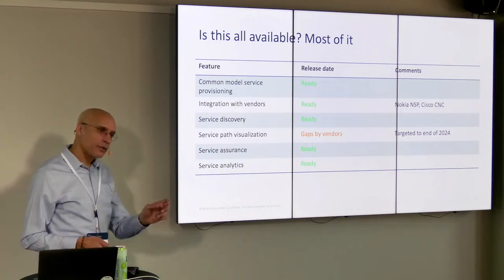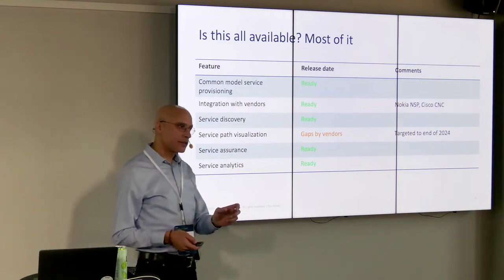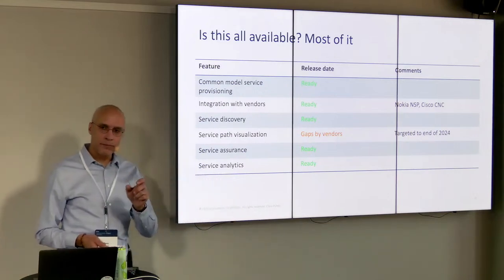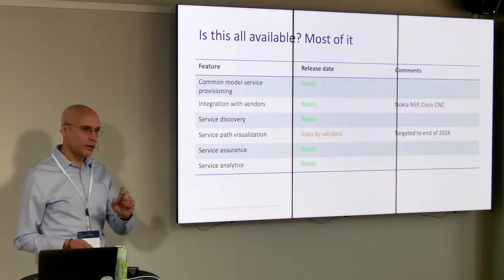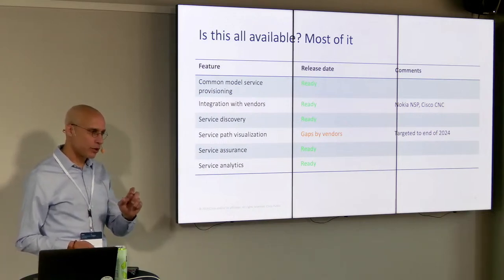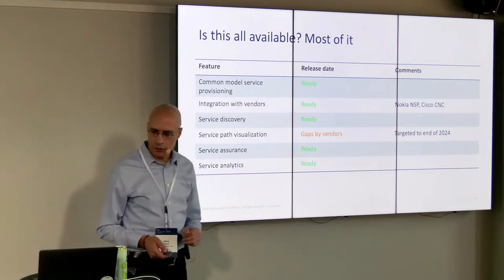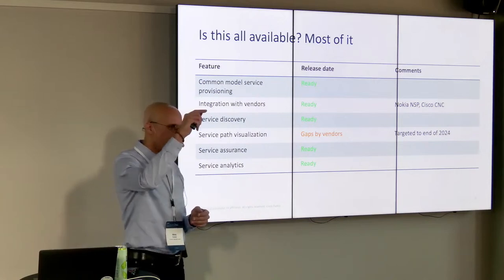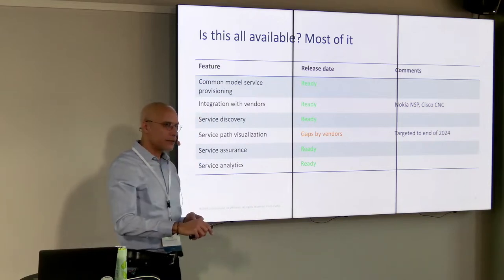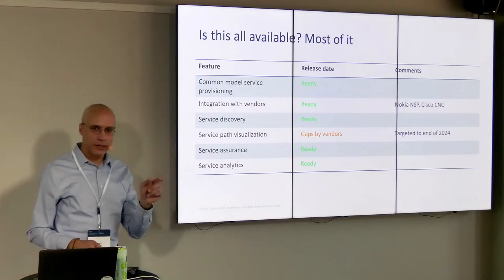There is a gap which is about to close by the end of this year about the underlay mapping of the service to the tunnels, which is an essential part because the core value of HCO is to provide the view of the path of the VPN from the top layer to the underlay layers. And this part is about to be completed by the end of the year.